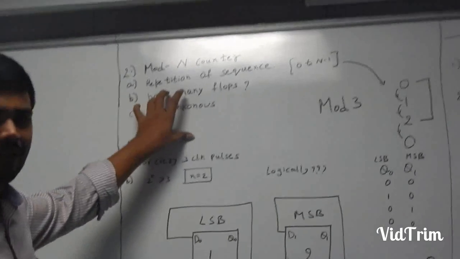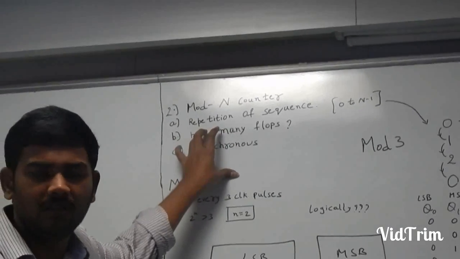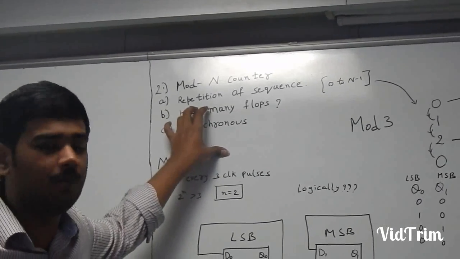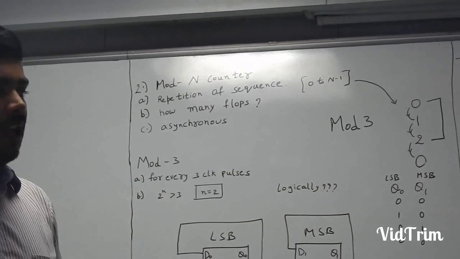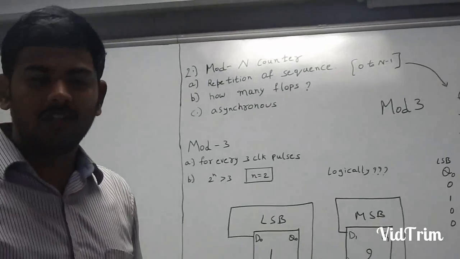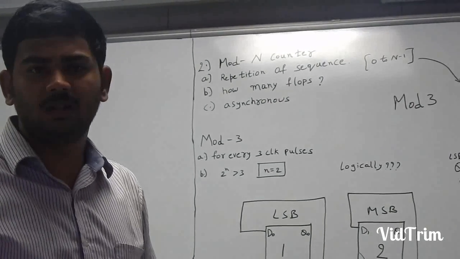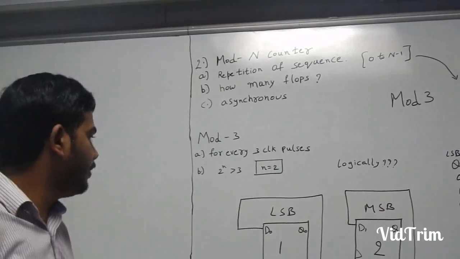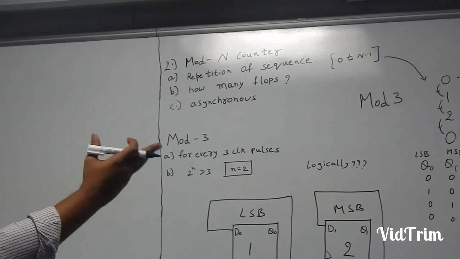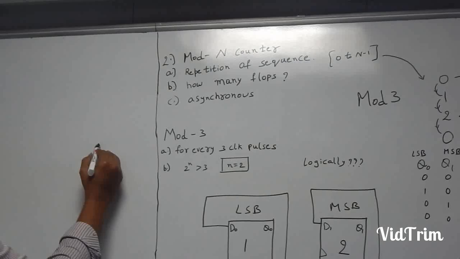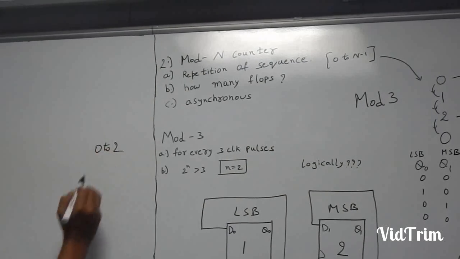So the first question to answer before designing a mod counter is how many flops it has. There are two ways of approach: one is formula based and one is logical. For example, to represent a mod 3 counter, it counts from 0 to 2.